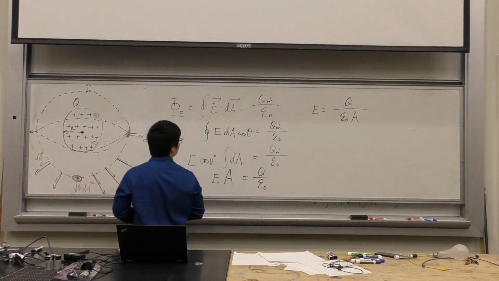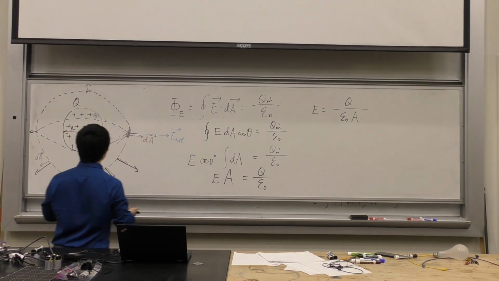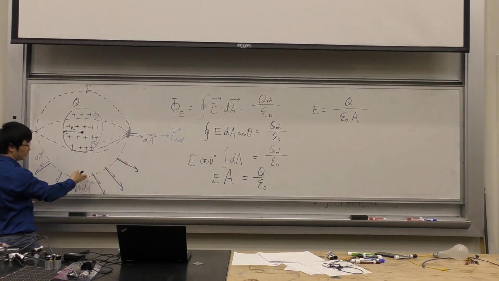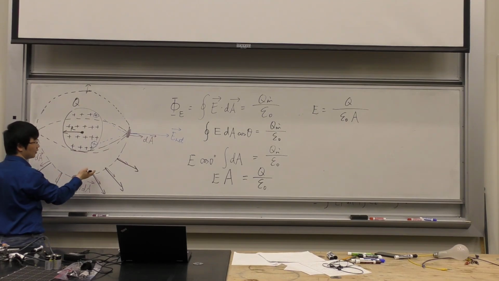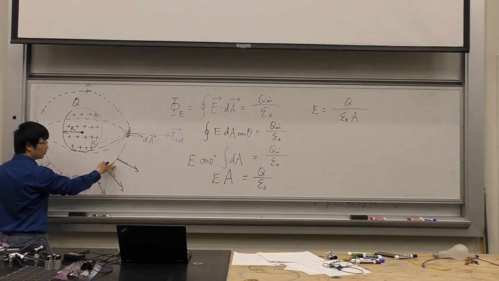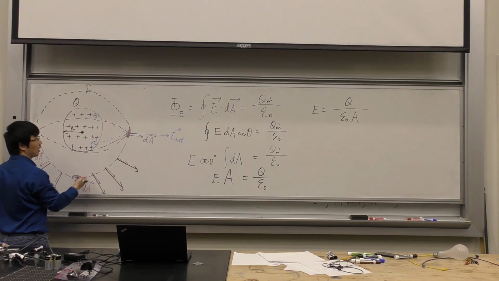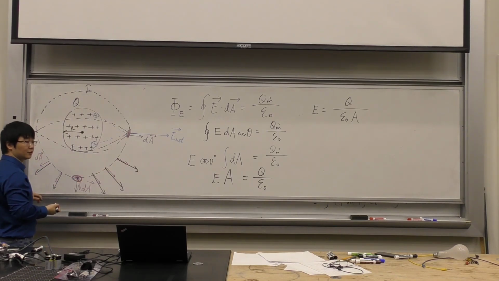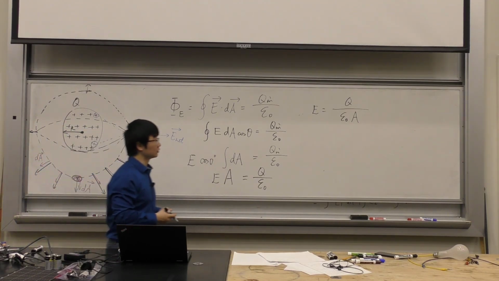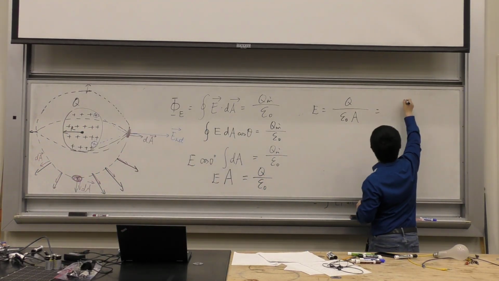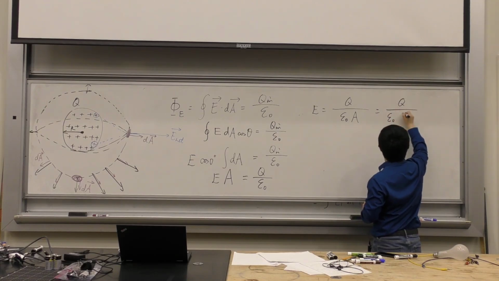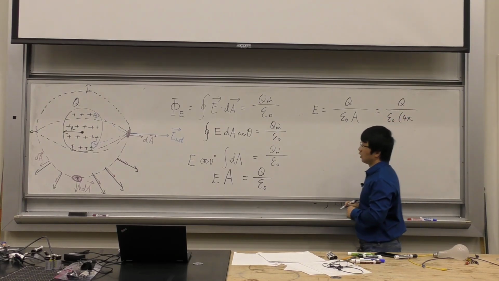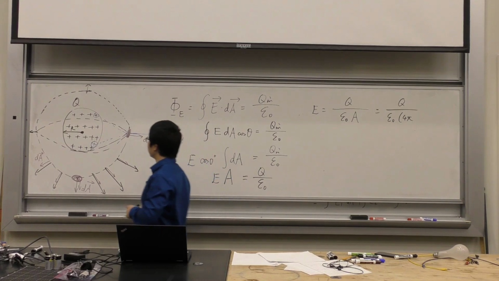Then what is the A? A is the area of this big spherical surface, right? So how do I calculate the area of this spherical surface? That's going to be 4 pi r squared, right? So, okay, then what is the radius of this sphere?